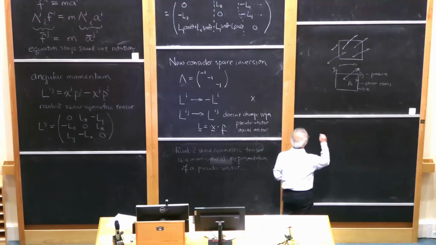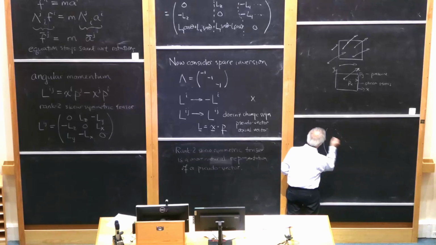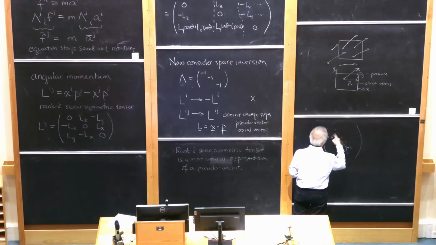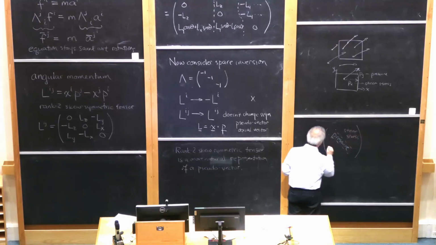Okay. So if you were to think about this in matrix form, the diagonal elements would be the pressure, and then the off-diagonal elements would be the shear stress, also over here.